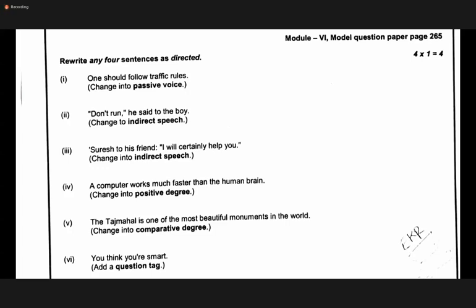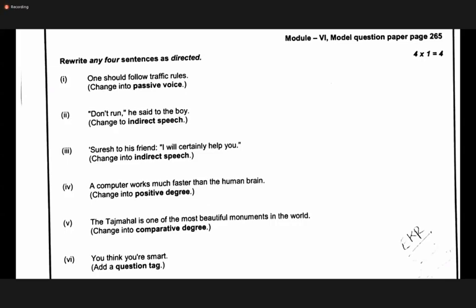First, the object is given importance here. Should follow what? Traffic rules is the object that becomes the subject. The active verb becomes a passive verb. That is done with the help of be forms. That is why should follow becomes should be followed. Traffic rules should be followed. Of course, one is the general subject. You can either write it or omit it. Everyone.